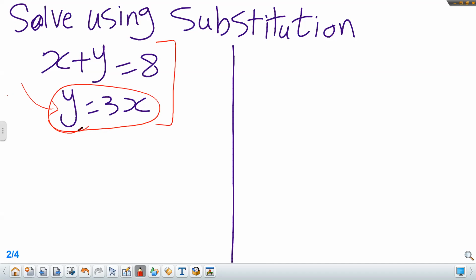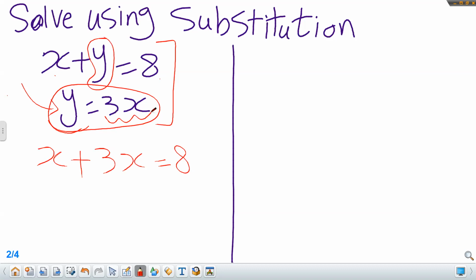The first equation is x plus y equals 8. Remove y and replace it by 3x. Then x plus 3x equals 8.